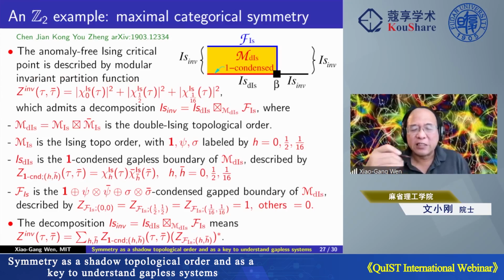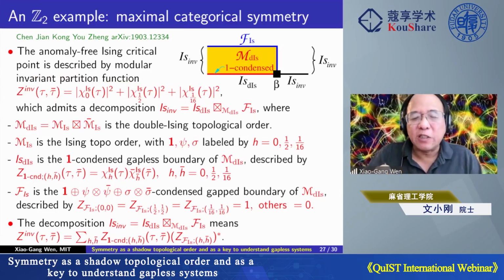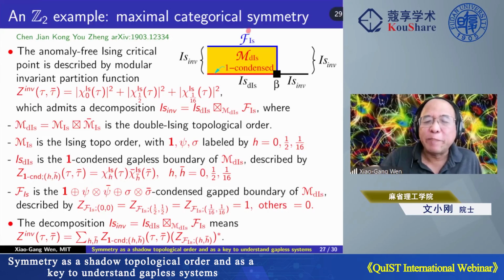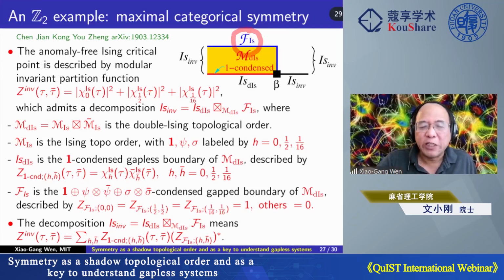Then one may ask: what is the emergent symmetry? Because the double Ising model is the emergent categorical symmetry, the emergent symmetry will be given by the gapped boundary, or more precisely, the dual of the gapped boundary. But here we have a problem.